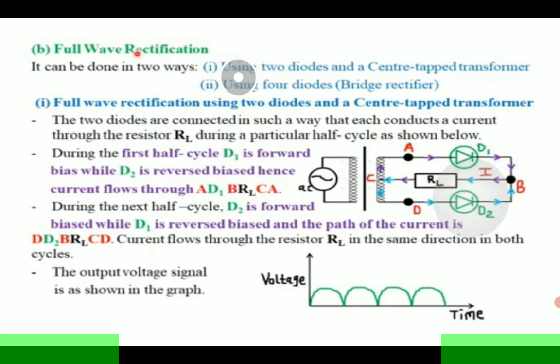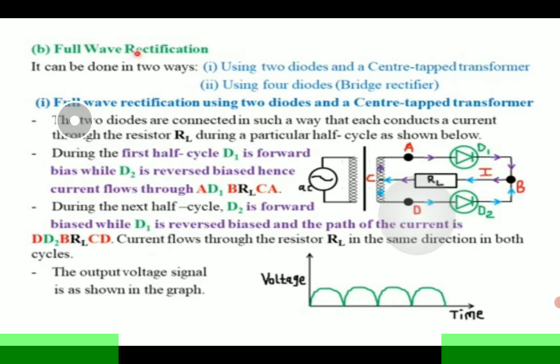We can use two diodes and what is called a center-tapped transformer, or you can use a bridge circuit, which is also called a bridge rectifier. In a bridge rectifier, we use 4 diodes. So I'll take you through the two types of full-wave rectification: one using 2 diodes and a transformer, and the other just using 4 diodes connected in a bridge.